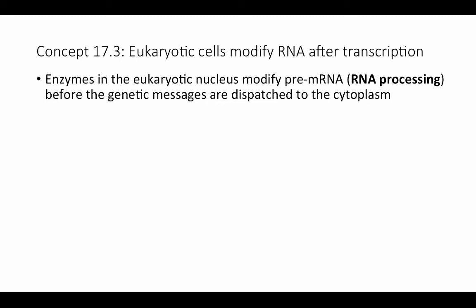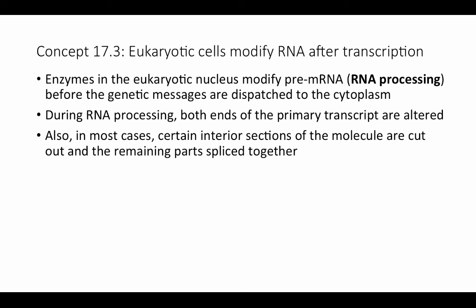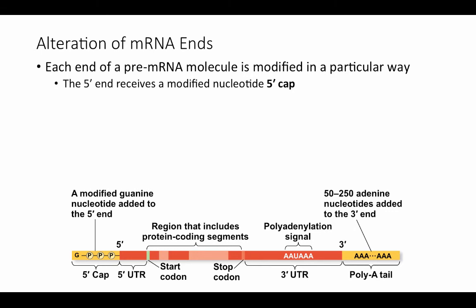So enzymes in the eukaryotic nucleus modify this initial mRNA transcript, what we call a pre-mRNA, before those genetic messages are dispatched to the cytoplasm. During RNA processing, both ends of the primary transcript are altered. And also, in most cases, certain interior sections of the molecule are cut out and the remaining parts spliced together. So first, let's look at what happens to the ends.